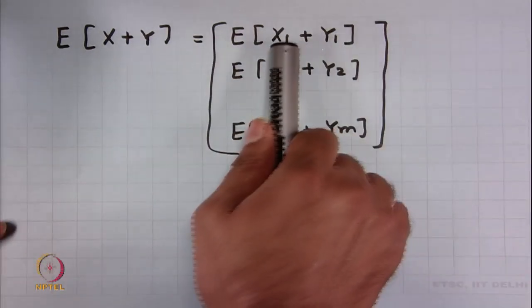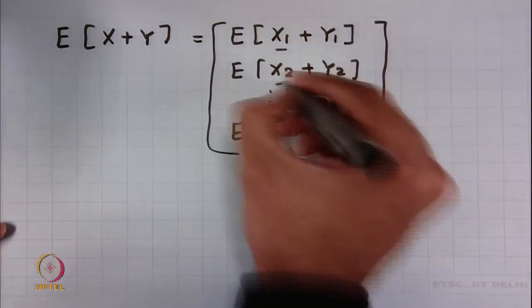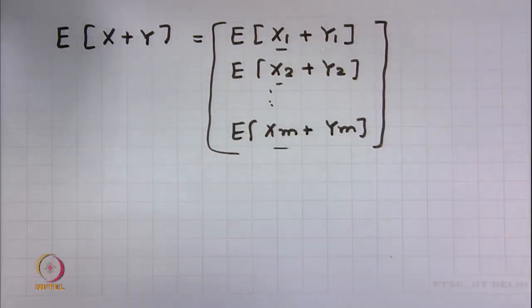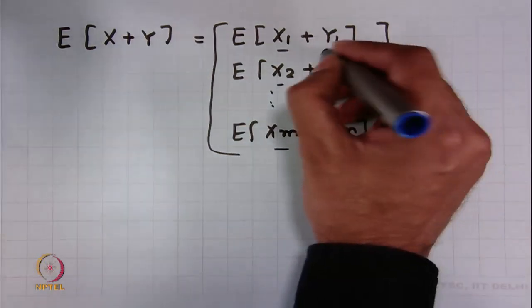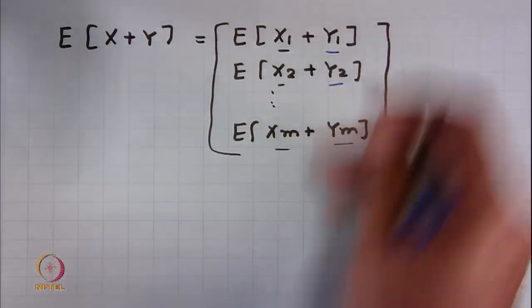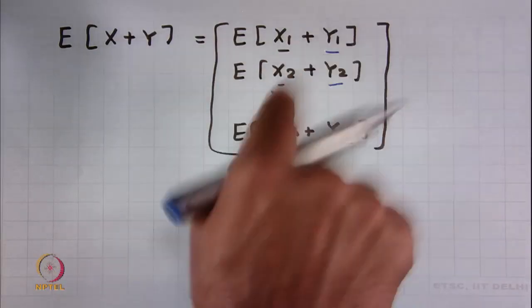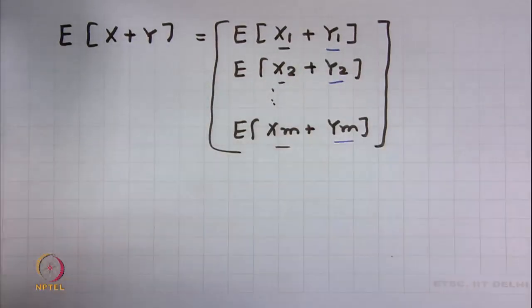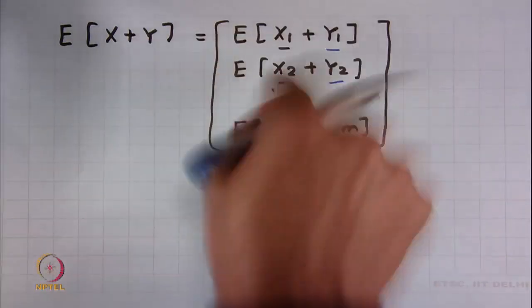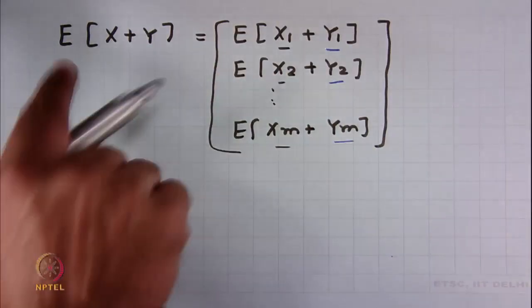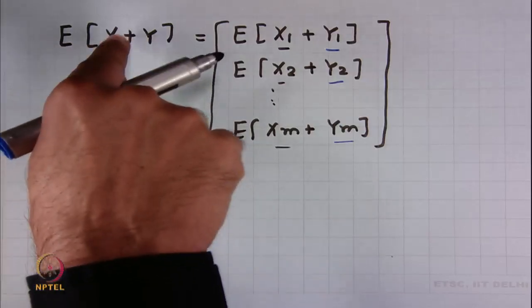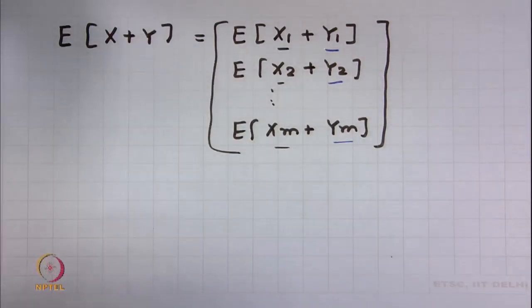So, x1, x2 and xm are elements of vector x, and y1, y2 and ym are the elements of vector y. I add these elements: x1 plus y1, x2 plus y2, xm plus ym, and then I take the expectation element wise. So, this would be the expected value of two random vectors x and y.